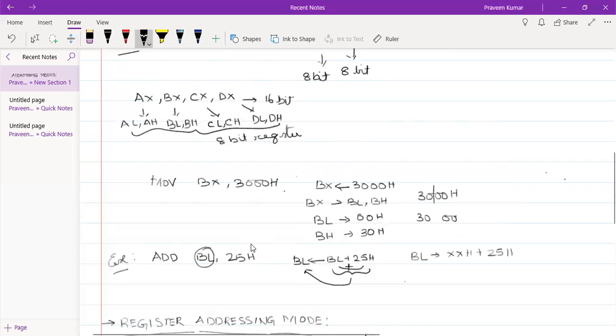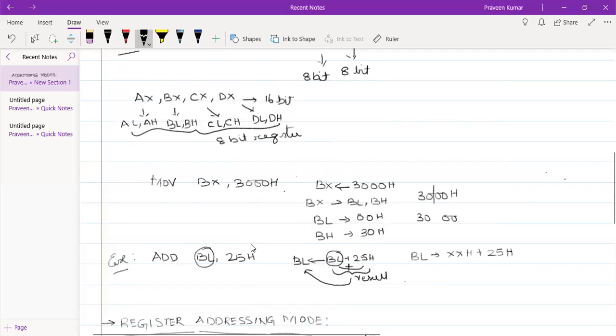The contents of BL will be added with 25H, and the result will be stored again in the BL register.